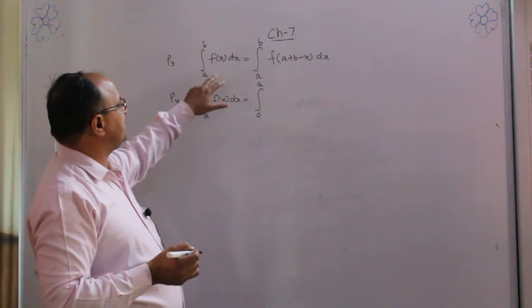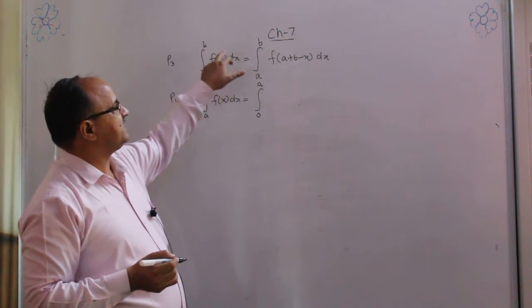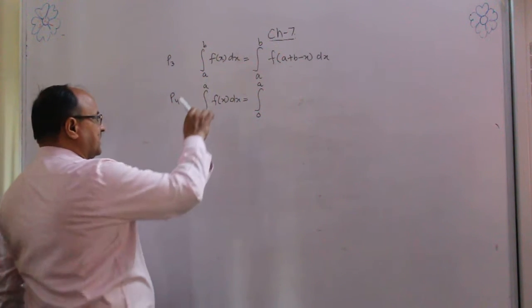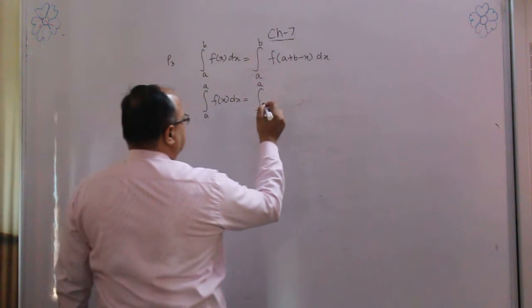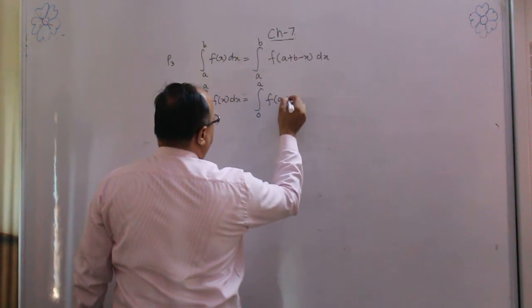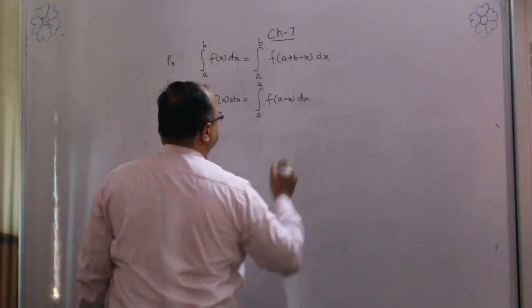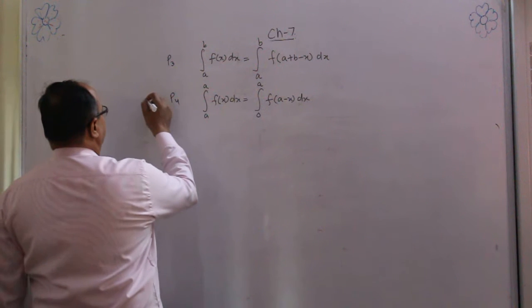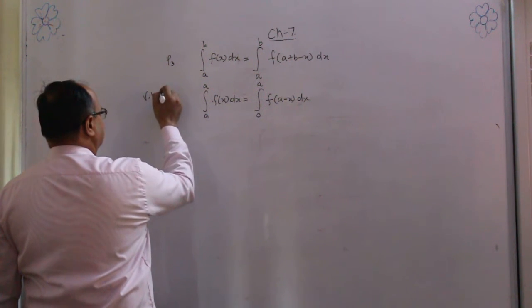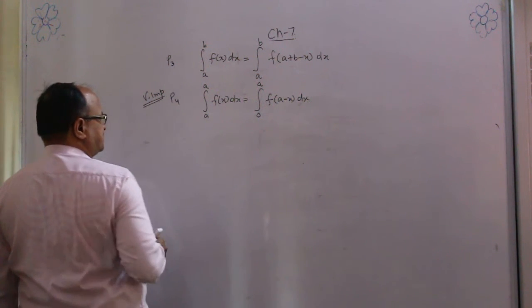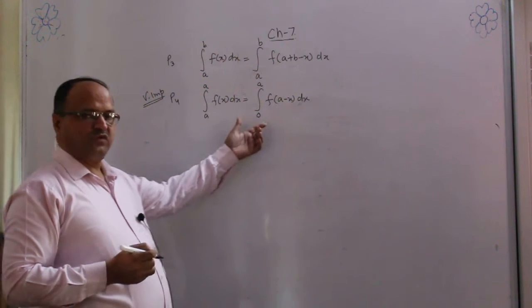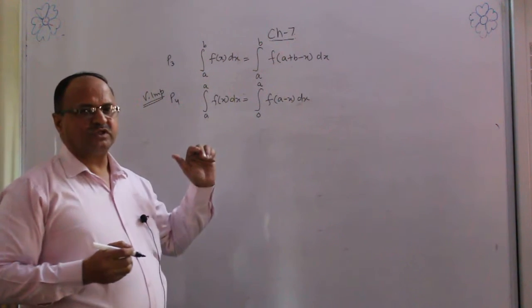In property P3, x is replaced by a plus b minus x. Here it is a plus 0 minus x, it means a minus x. This is property P4, a very important property from the board point of view.